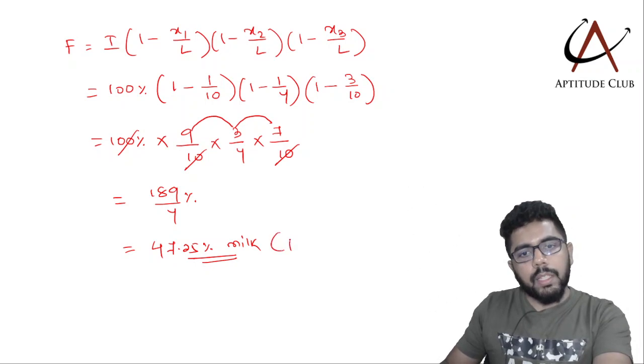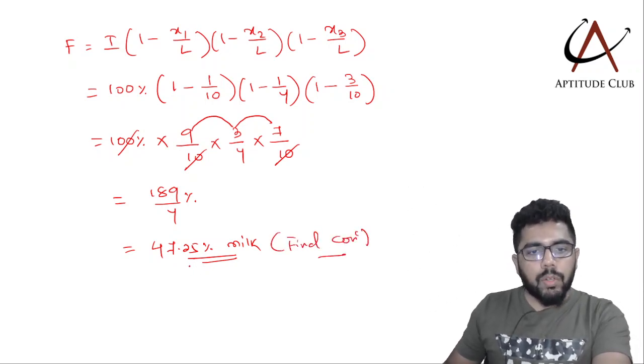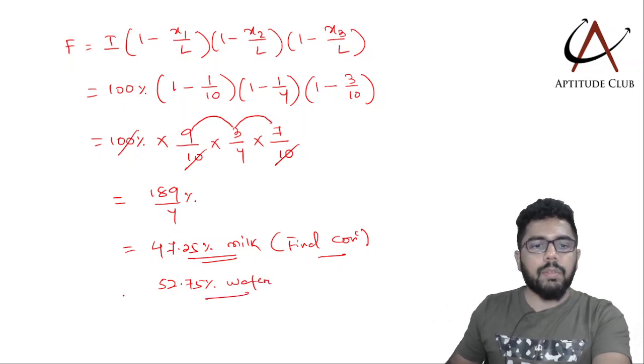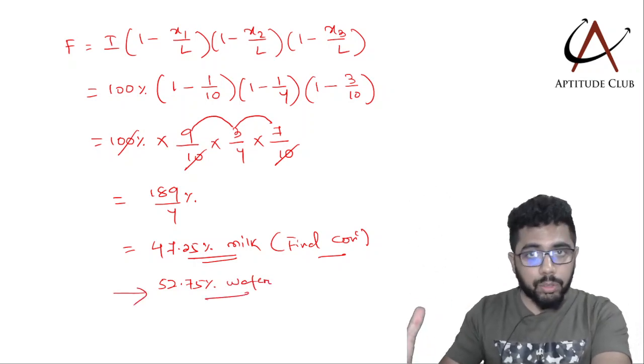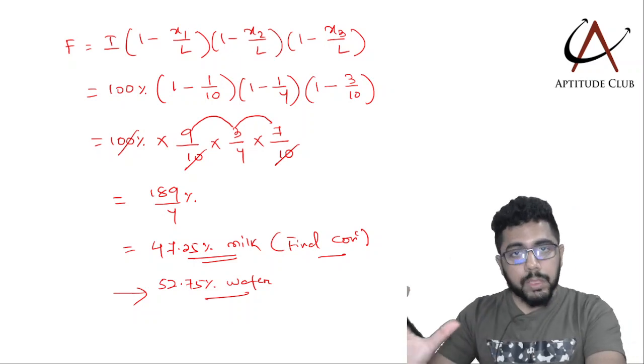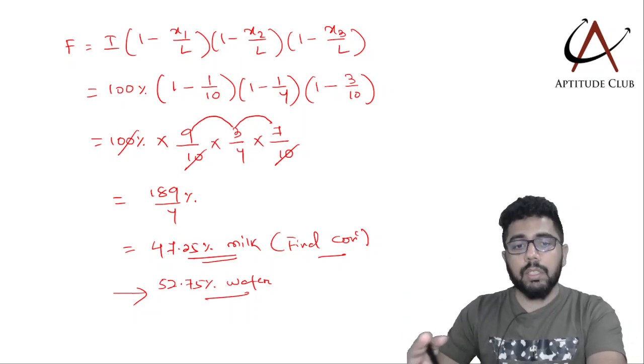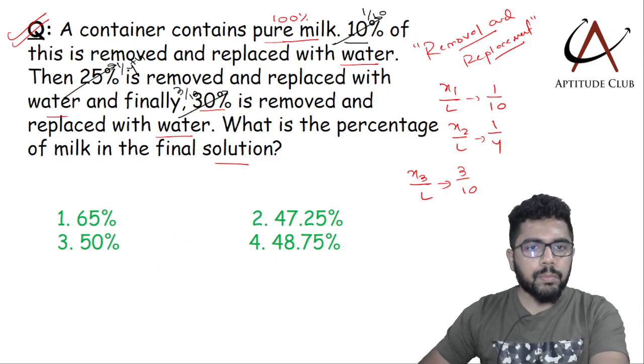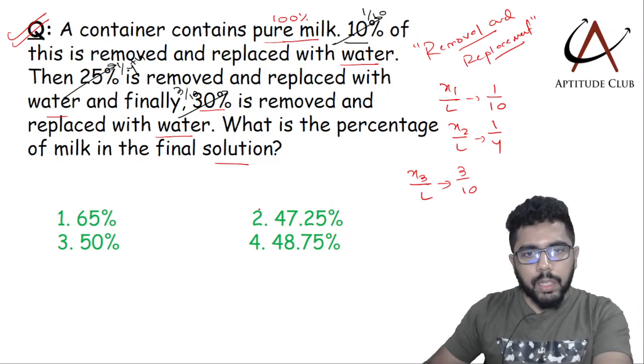This is the final concentration of milk. 47.25% is milk, so I can write 52.75% water. The final resultant ratio is 47.25 milk and 52.75 water, overall it is 100. What is the percentage of milk in the final solution? 47.25%.